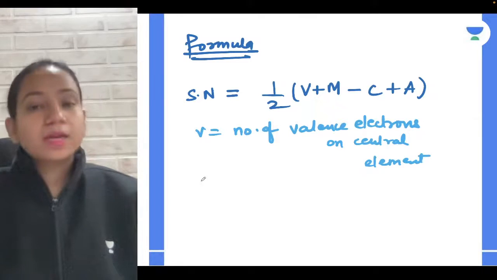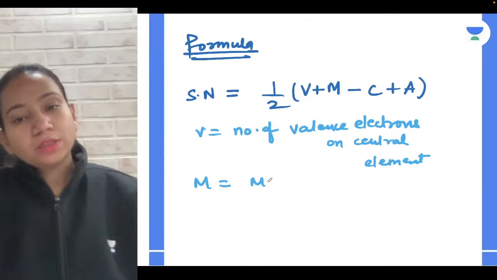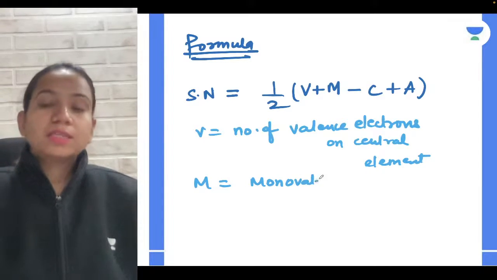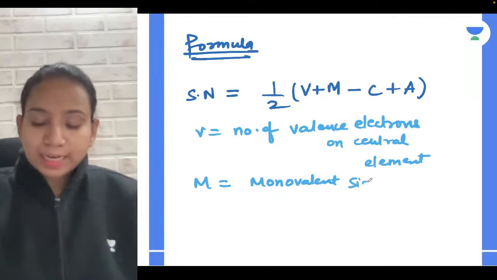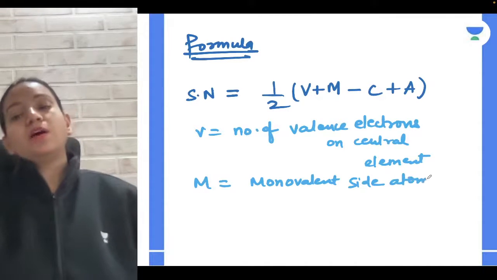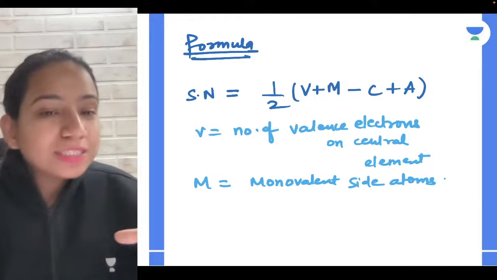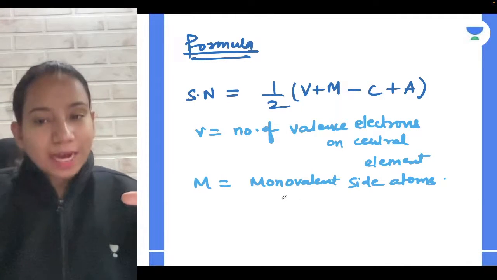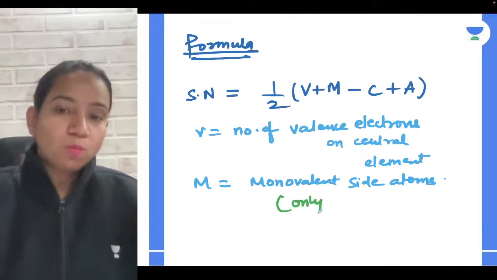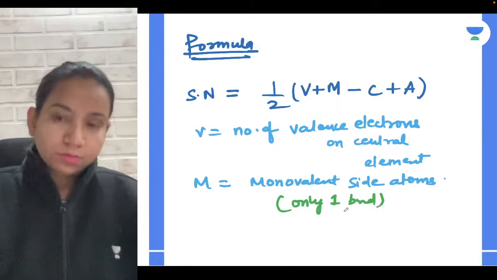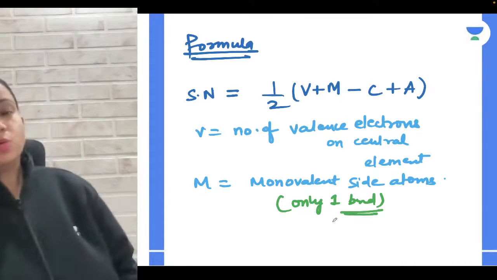Then M is the monovalent side atoms. Monovalent side atoms means what, guys? The ones which can make only one bond.